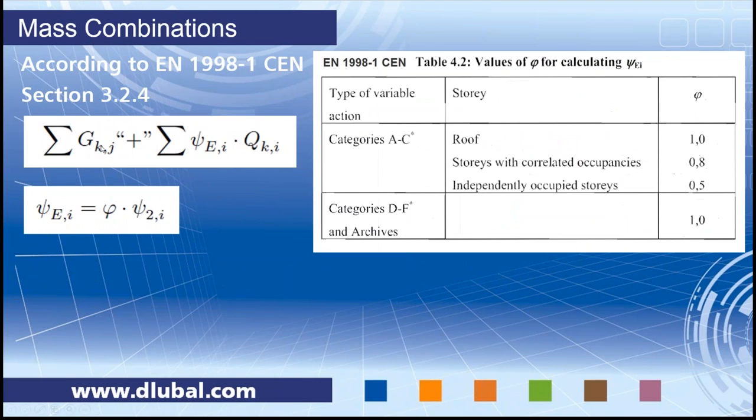In accordance to Eurocode 8, you have to consider masses resulting from the permanent loads and masses resulting from any imposed loads, where the value of ψE is composed of a value of phi in accordance to Eurocode 8 and a value of ψ2, which is known from the Eurocode 0. So categories A to C, if it's a roof level, then the value of phi is 1, and if it's any other independently occupied story, it's a value of 0.5.